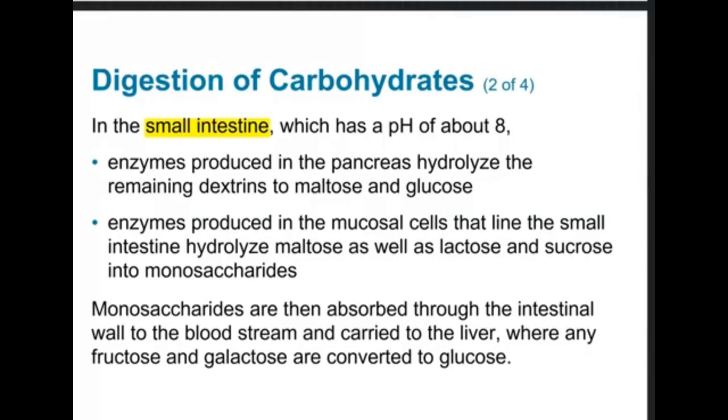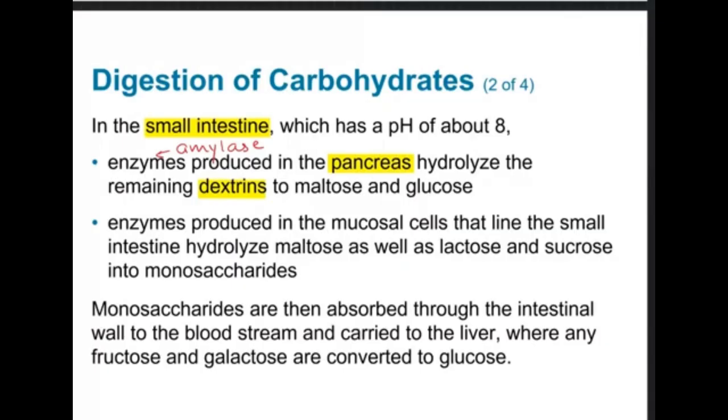Okay, the pancreatic amylase. I'm going to actually write down the name of the enzyme for you. Amylase breaks down the remaining dextrins, and the enzymes that are produced in the cells of your intestinal mucosal lining.